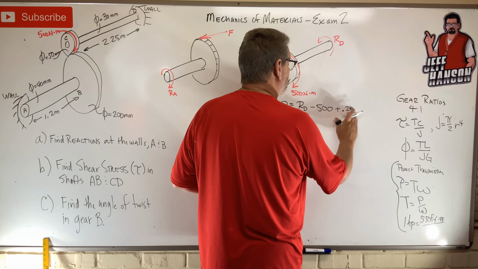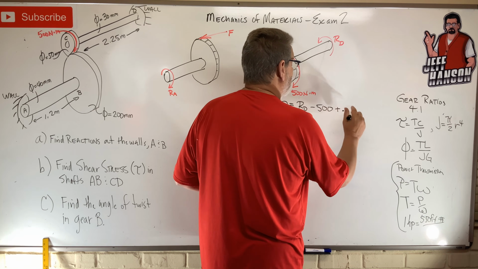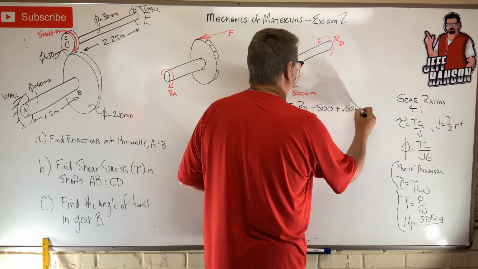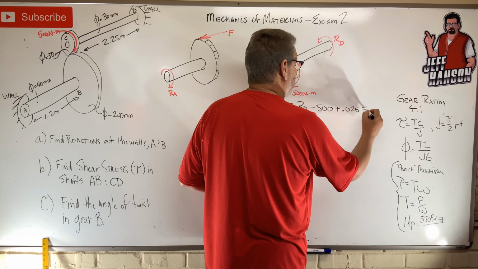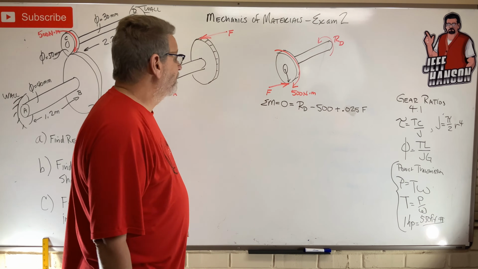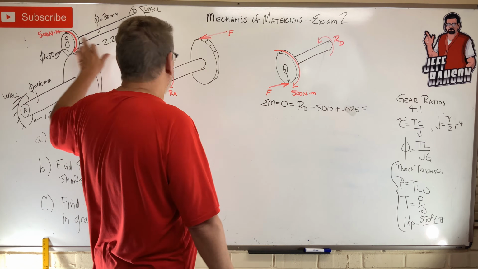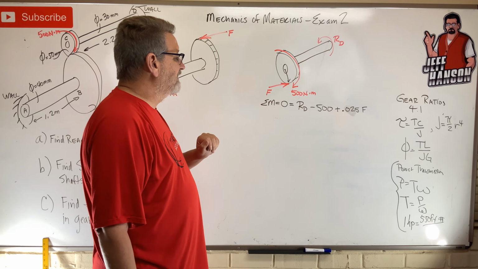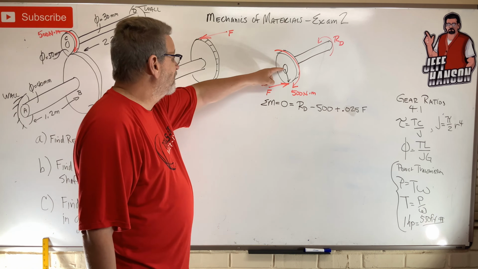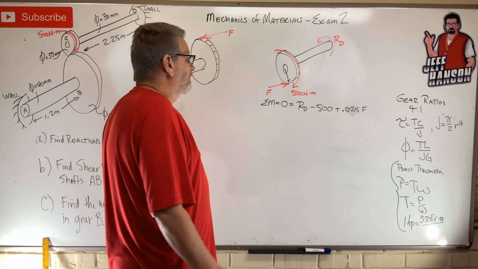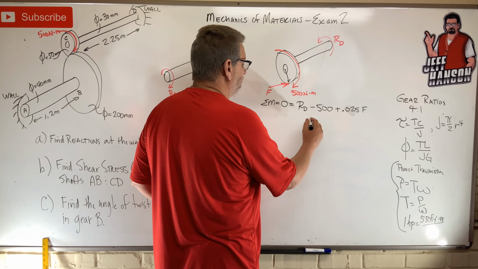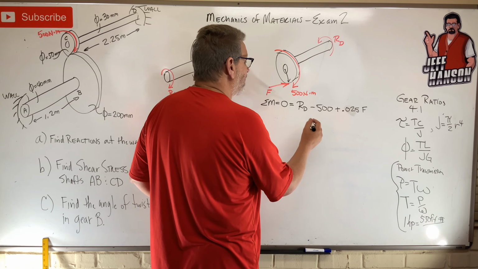No, 0.025 F, isn't it? Because it's a radius. This has a diameter of 50, so the radius is 25, because we just want from here over. Well, there you go. Now, let's just leave that alone.